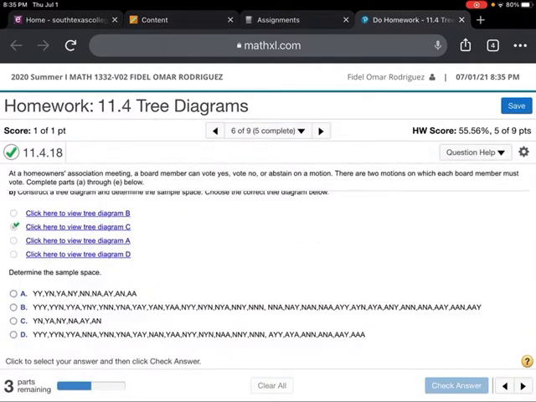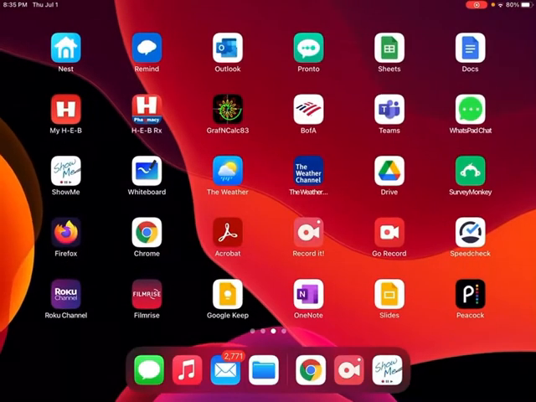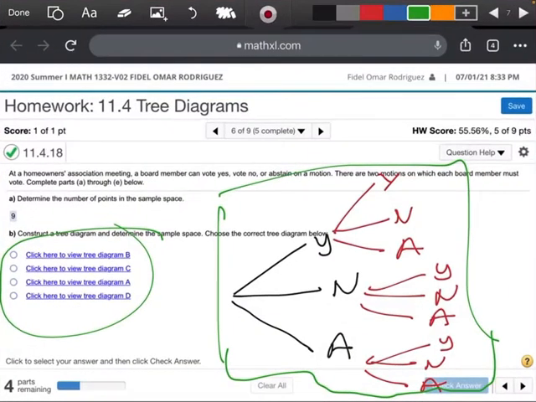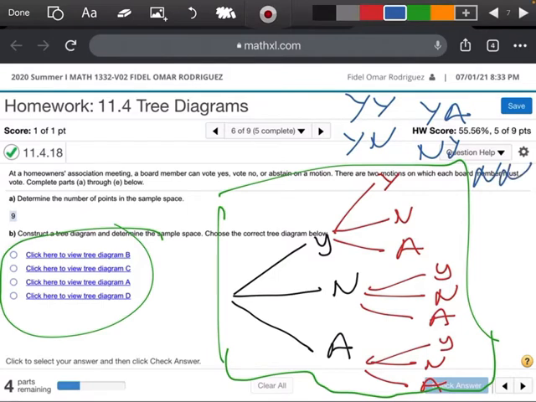Now, we want to determine our sample space. So guys, remember our sample space, let me come back to my picture. My sample space would be picking something like yes and yes, yes and no, yes and abstain, right? No and yes, no and no, no and abstain, right? And I'm just following each of these branches here, right?